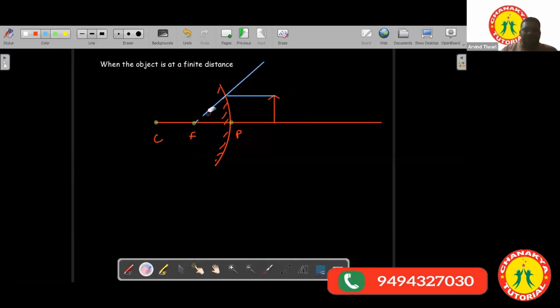And on this side we will just use our dots. So this is how your ray of light comes and gets reflected.